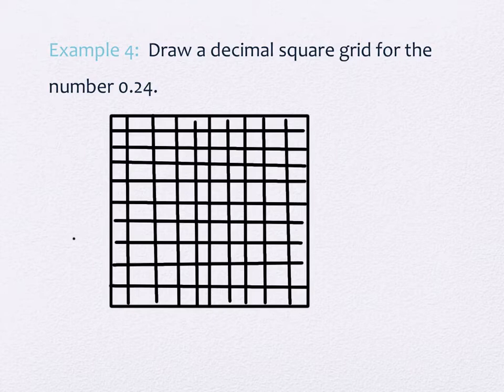So let's not irritate people. Like, that's a good rule of thumb. It's far nicer for everybody if you shade in a whole row and call it 10, right? And another whole row and call it 20, and then 4 more and call it 24. So I have 24 of the little square boxes inside of my large square decimal square grid shaded in.